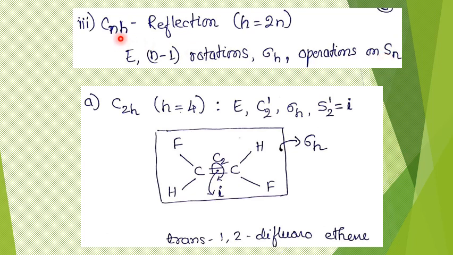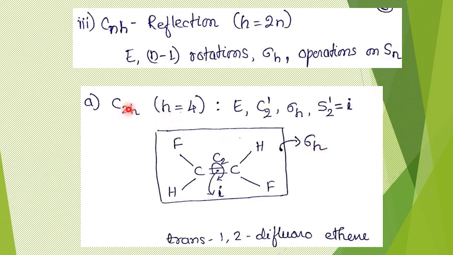Though it is not indicated here, it is automatically shown that when we have a proper axis and the corresponding horizontal plane, which by definition will be perpendicular to the axis of rotation, it is implied that an improper axis will be present. So the other operations are whatever operations are possible on Sn. This can be generalized, so it's a bit difficult; therefore I have just written the operations possible on the Sn axis. All those operations will be possible in this case.